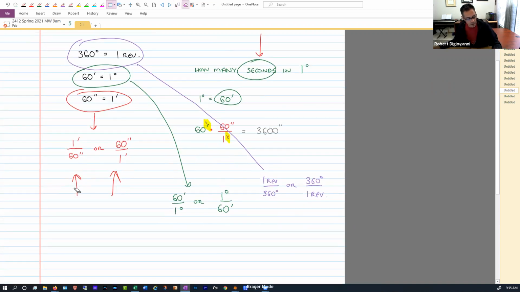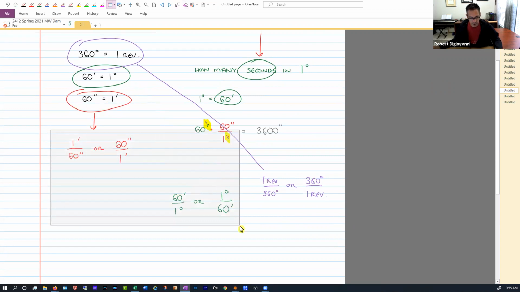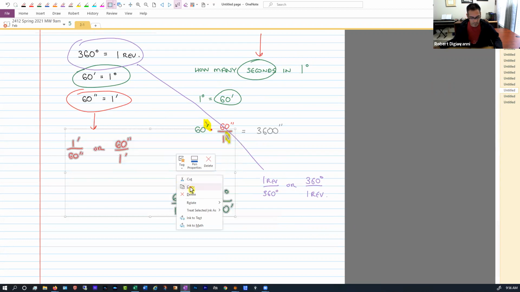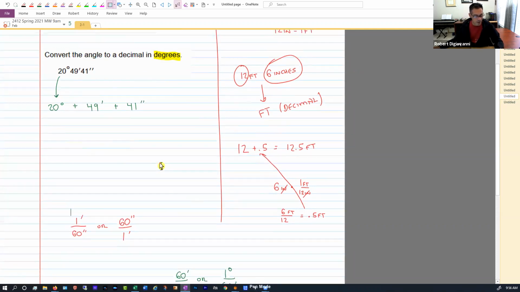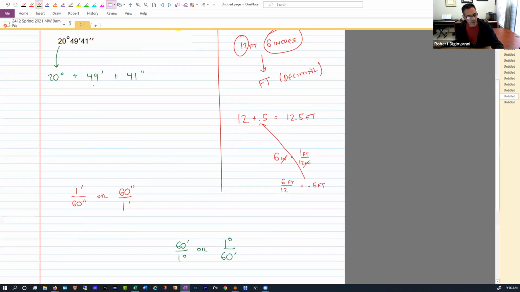Let's take these and copy them over so we can have them on the other page. I'll throw them down here. Okay, so here we go. I want to get this to degrees and this to degrees. Let's start with the 49. I'm going to do separate work down here. I have 49 minutes.